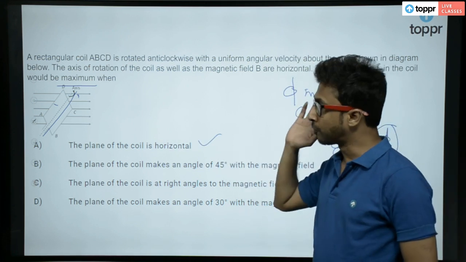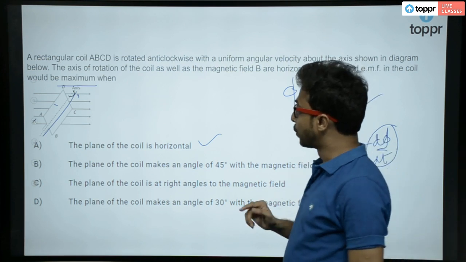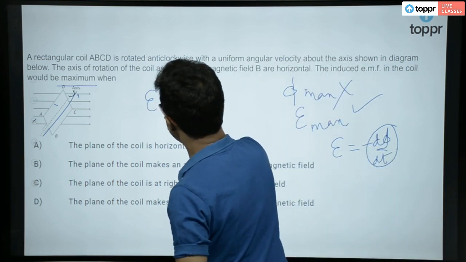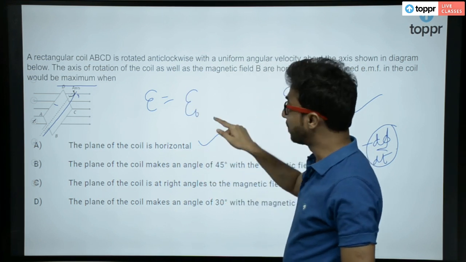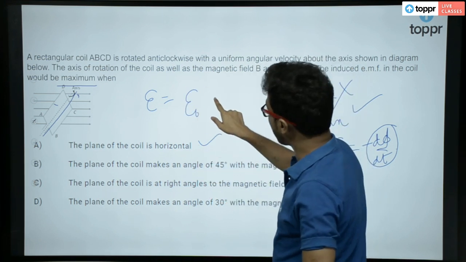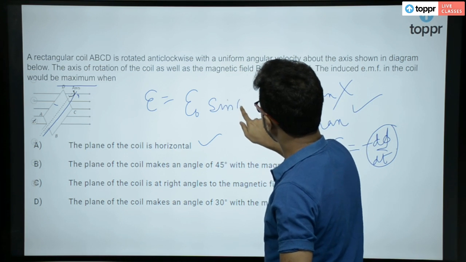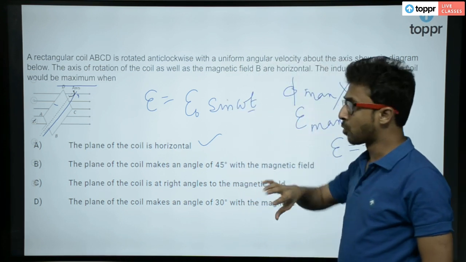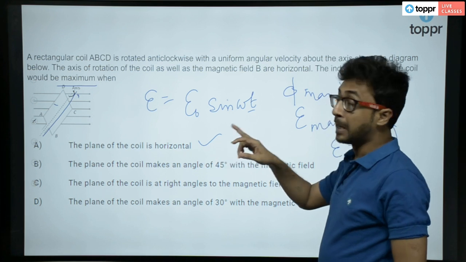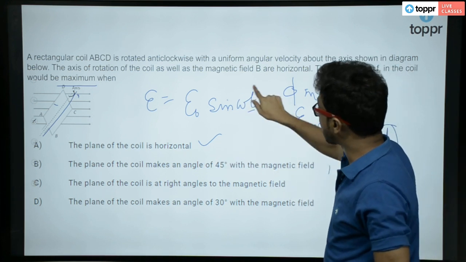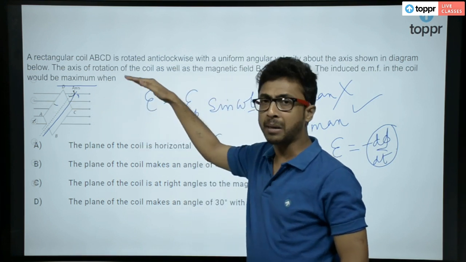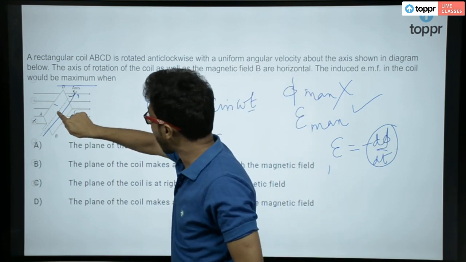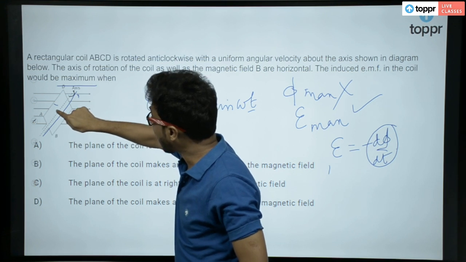Now try to find out from the formula. You know the induced EMF, if you study the formula well, is E0 sine omega t, where E0 is the maximum value of the induced EMF. Omega t is nothing but the angle made by the magnetic lines of force and the area vector.